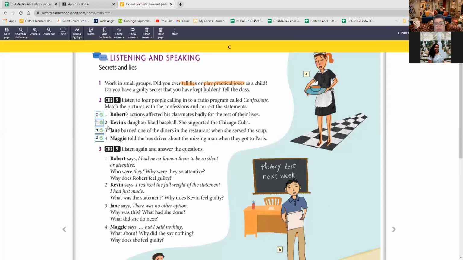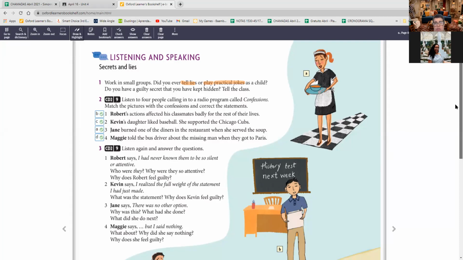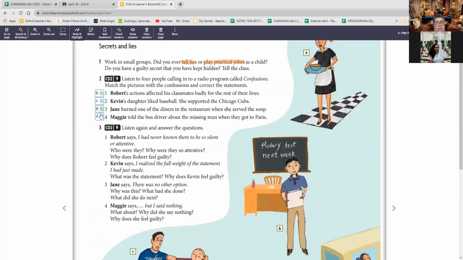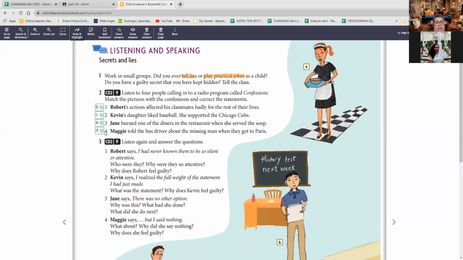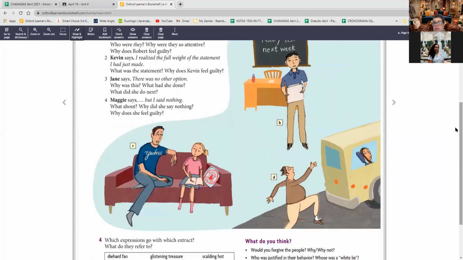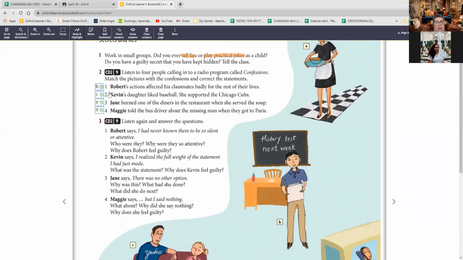Number two is related to picture C, this one here, right? Number three, picture A, and number four is the last one, picture D. Yes, this one here. So you can copy those, and next week we will discuss and see what really happened.